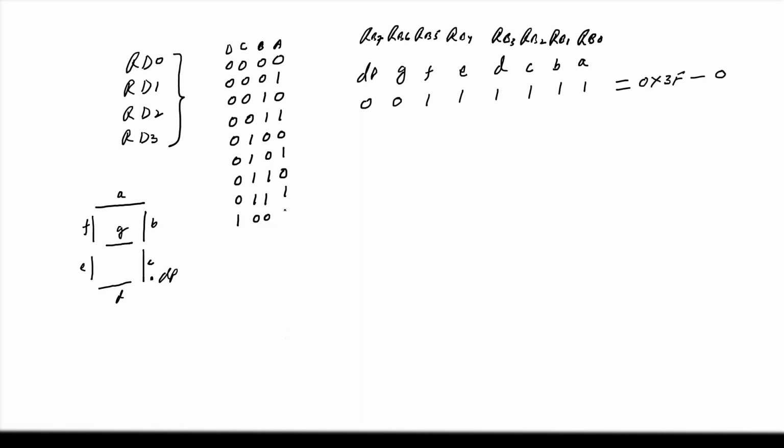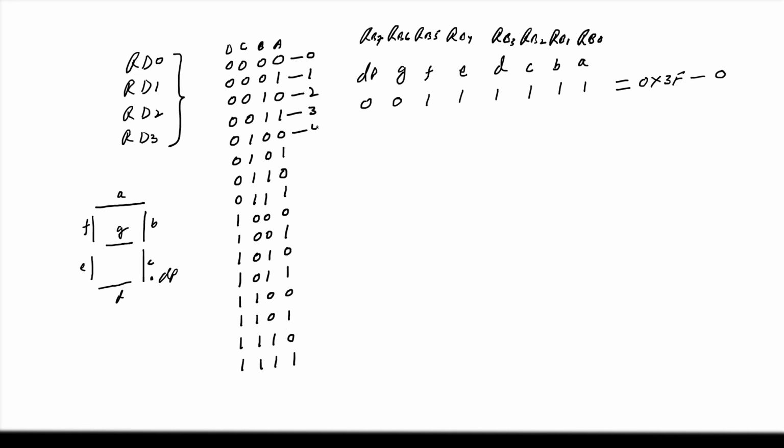Now 8, 9, 10, 11, 12, 13, 14 and 15. Here the equivalent hex number is 0, 1, 2, 3, 4, 5, 6, 7, 8, 9, A, B, C, D, E and F. Now we can write the equivalent hex number with the help of this table.